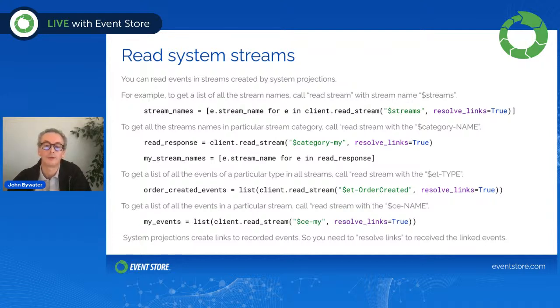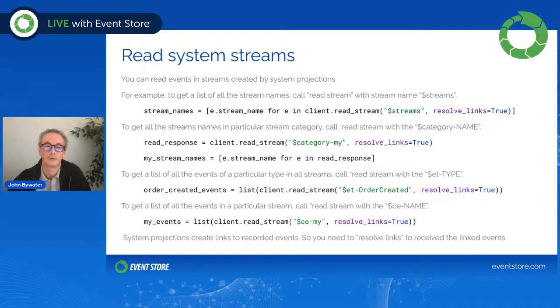So we can read streams other than the system streams by using the special EventStoreDB system projection stream names. For example, we can get a list of all the streams by calling readStream with the stream name $streams, and then iterating over them to pull out all the stream names.